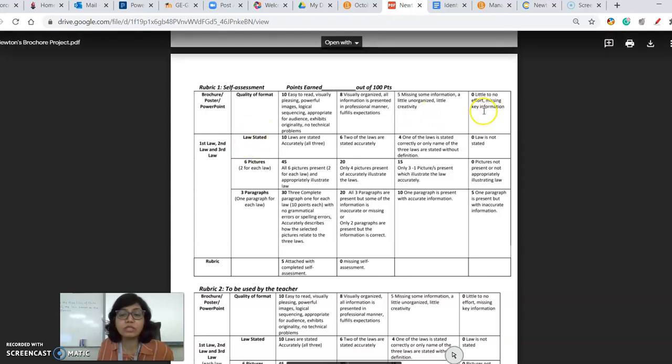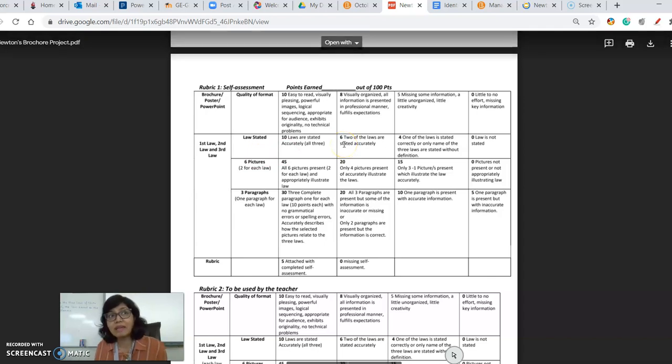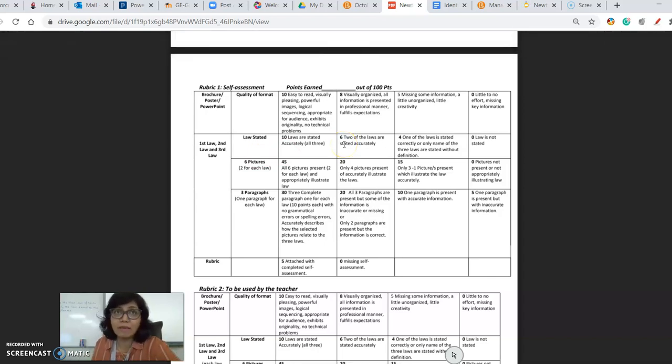So you will highlight once you're done. Usually students know how they have done their work. When we do something, we know what we did. So most of the time I have seen their grading falls in the same place or very close to their peers' or mine. And it's okay to always have a second thought. If you're doubtful what you should rate it as, you can check with your peer or you can ask me, I can help you.